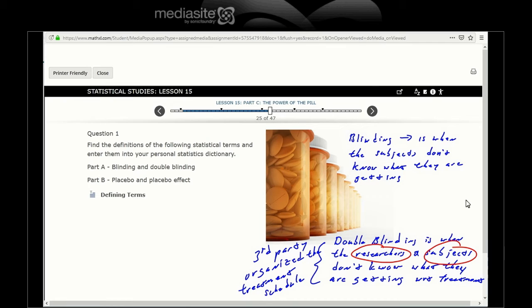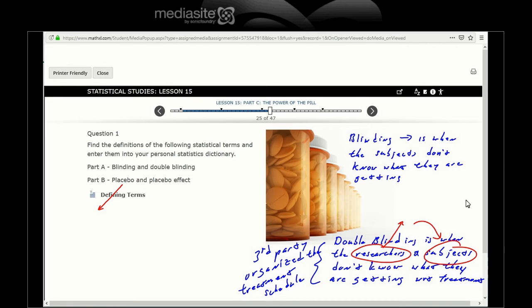Again, that's a way of ensuring the researcher does not inadvertently influence the subject. So blinding is when the subjects don't know what they're getting, but the researcher does. Double blinding is when the researchers and subjects don't know what they're getting in terms of treatments.